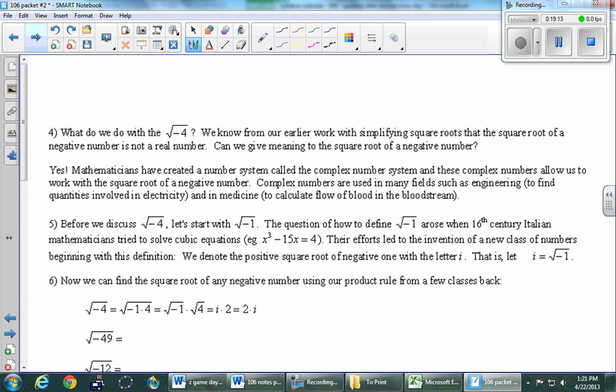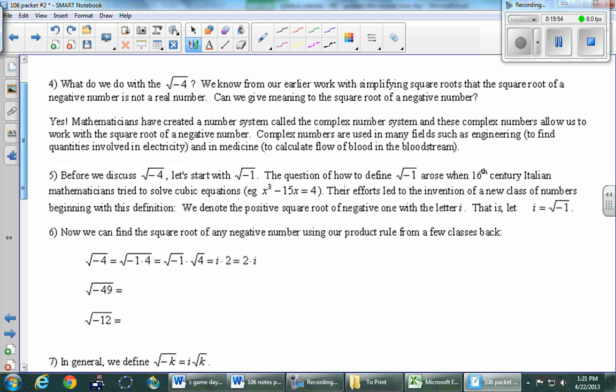Mathematicians have created a number system called the complex number system. These complex numbers allow us to handle square roots of negative numbers. Sixteenth century Italian mathematicians tried to solve equations, and their efforts led to the invention of a new definition.